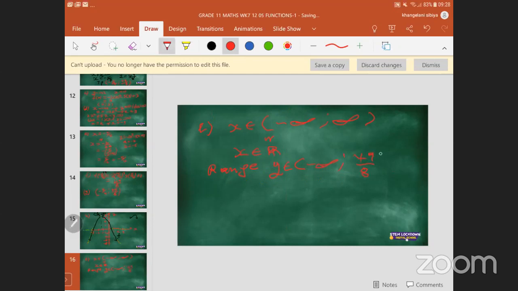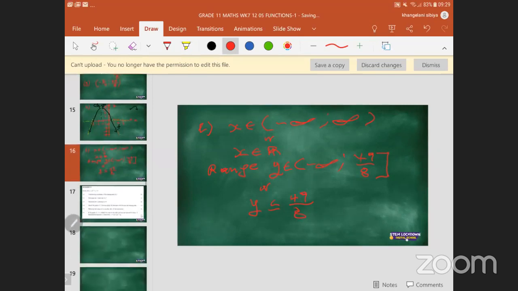And this is the turning point, so you use the close bracket, which means 49/8 is included. So that is when this issue of included and excluded comes in, because infinity obviously is not included. Or alternatively, this can be Y less or equal to 49/8. All right, that's all.